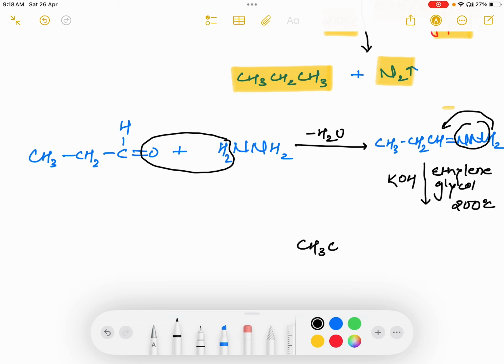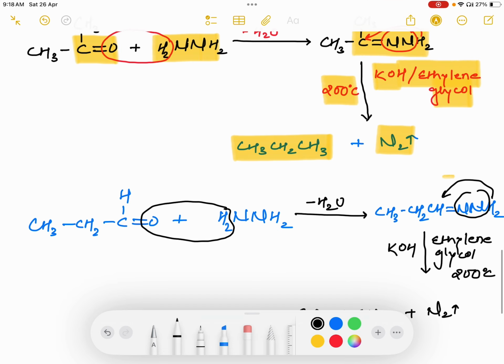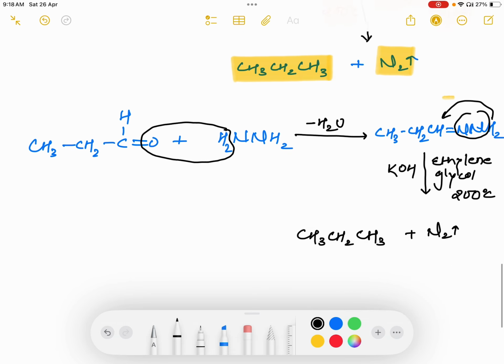And the product will be CH3, CH2, CH3, along with the liberation of nitrogen gas. So in this way, an alkane is being formed by the Wolff-Kishner reduction reaction.